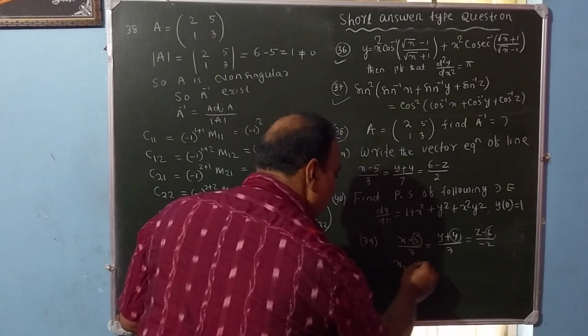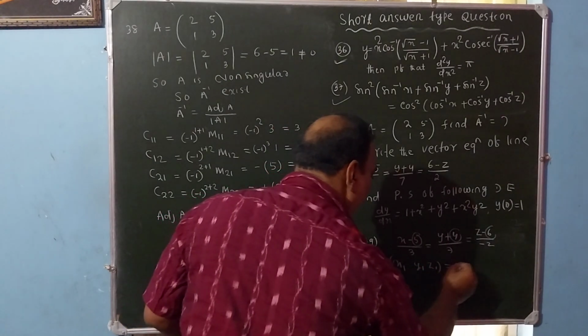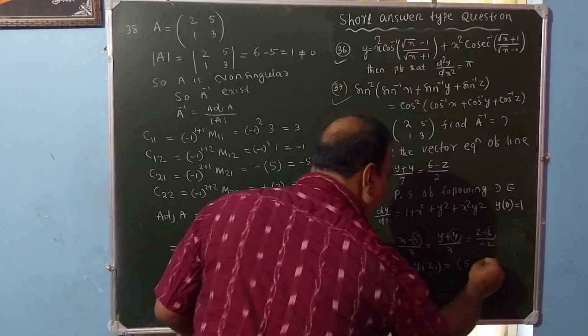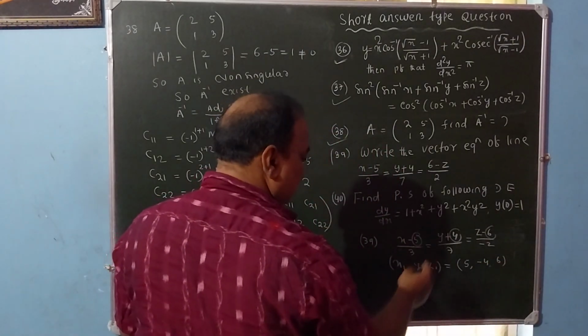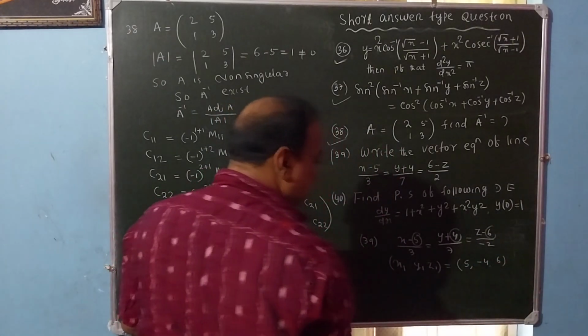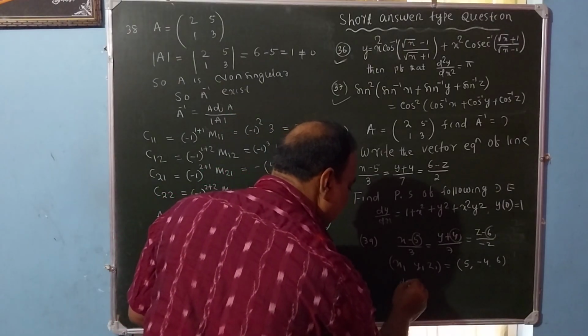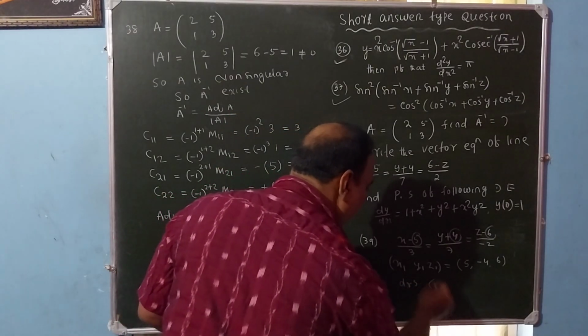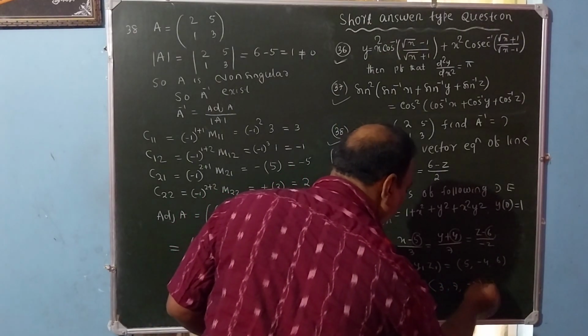So x1, y1, z1 is equal to 5, minus 4, 6. And this is the direction ratios of the line, that is 3, 7, minus 2.